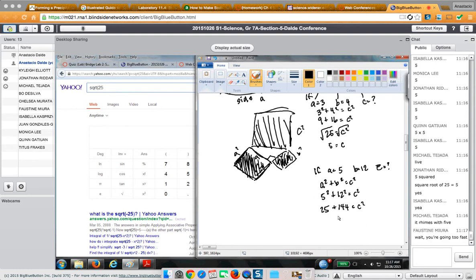Let's see. 25 plus 144. Oh, I'm sorry. I'll slow down. 25 plus 144 is, let's see, there's a 9 and then a 6 and a 1, equals c squared.